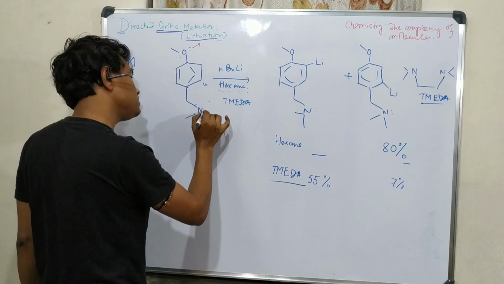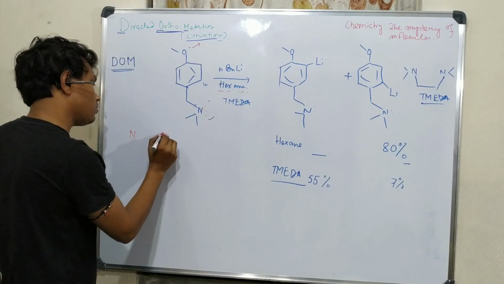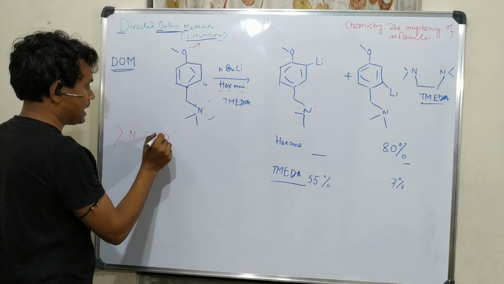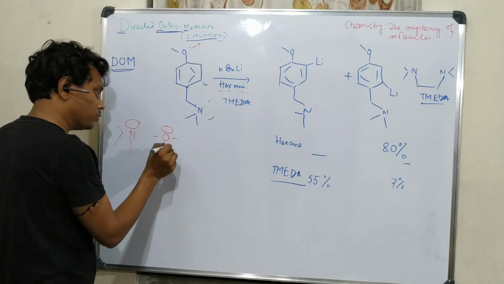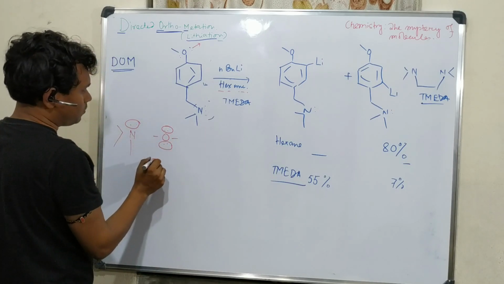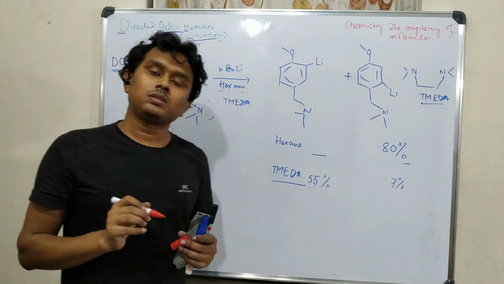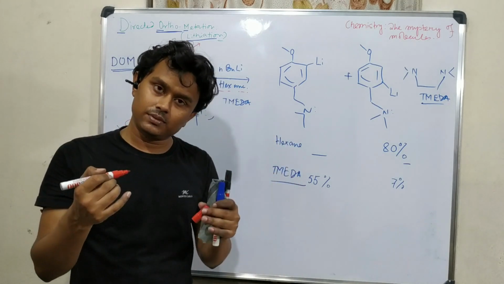Why? Because if we check the donation capability of nitrogen versus oxygen, nitrogen has one lone pair, oxygen has two, but the electronegativity of oxygen is more than nitrogen, meaning the oxygen prefers to keep the electron density on itself.